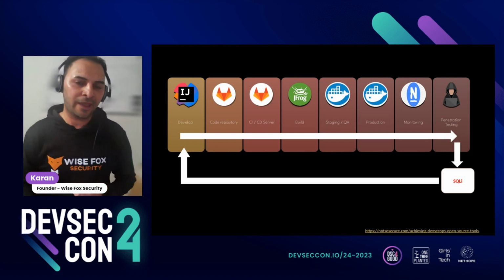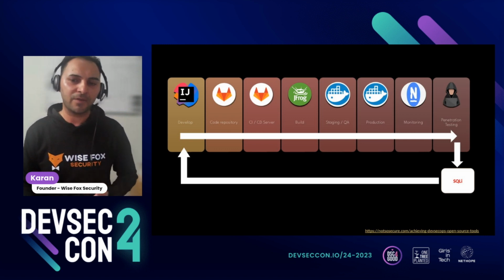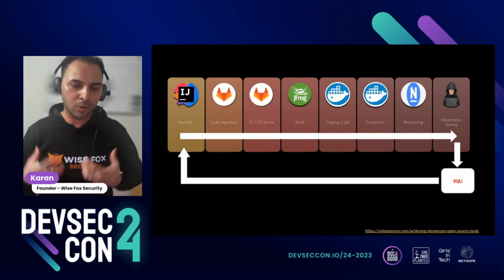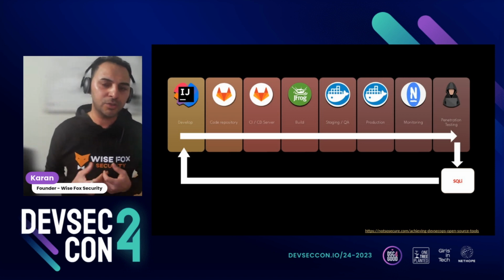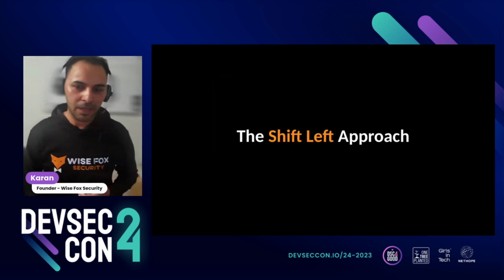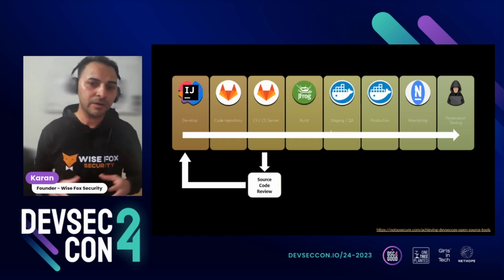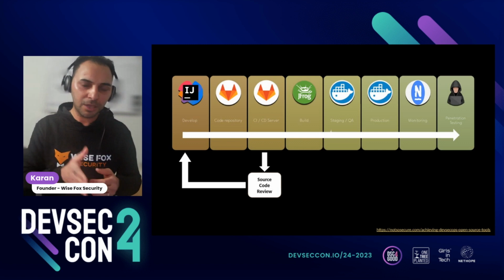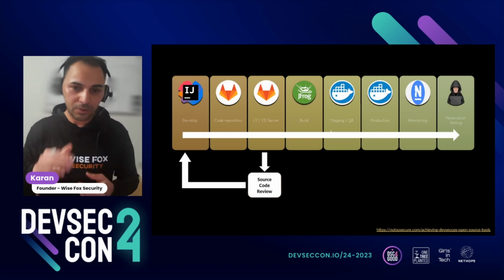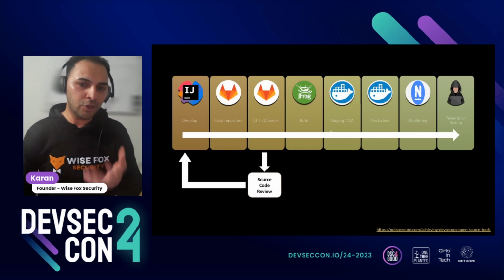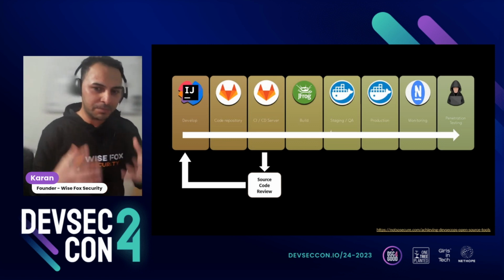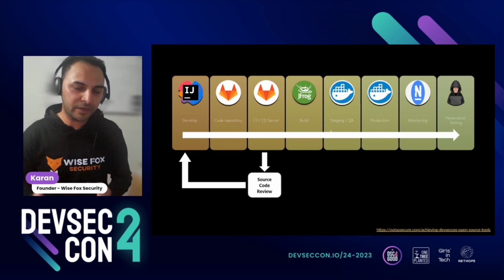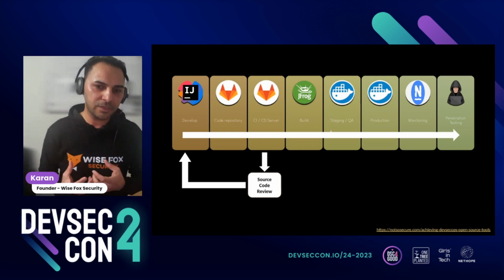Now we're going to look at what if you have a DevSecOps model or some sort of tooling embedded into your CI/CD pipelines. Here, we're going to look at the shift left approach. What we have done is the same thing, but while you're developing your product or your software, you have introduced a source code review. That could be a typical SAST tool that you have integrated in your build stage, for example.